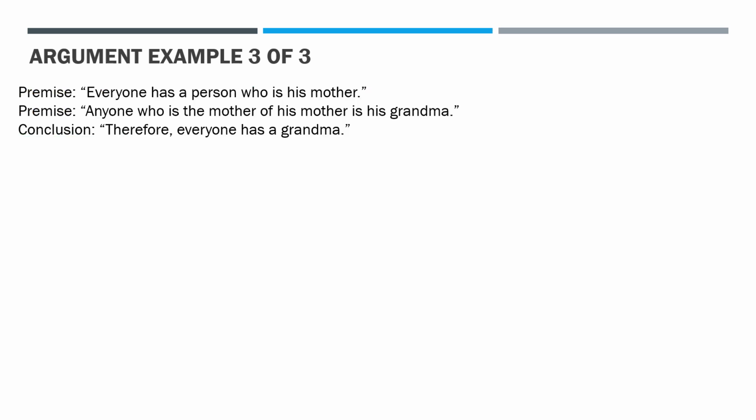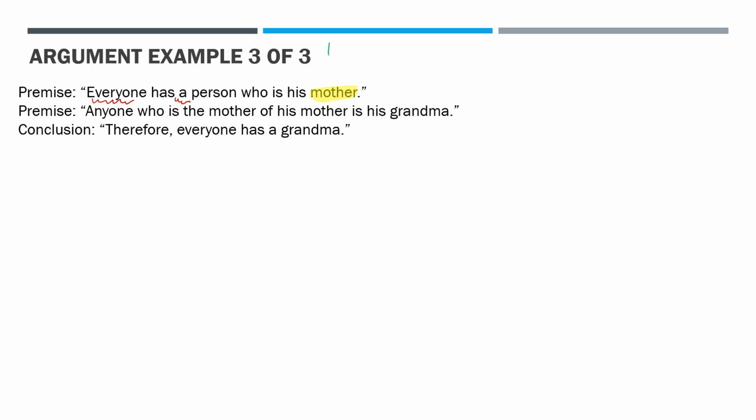For argument number 3, we're told that everyone has a person who is his mother. Mother is definitely the relational predicate. We have a universal affirmative proposition with everyone, but embedded within that universal affirmative proposition, we have an existential quantifier with a person.